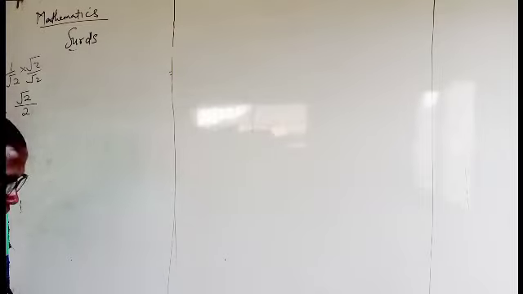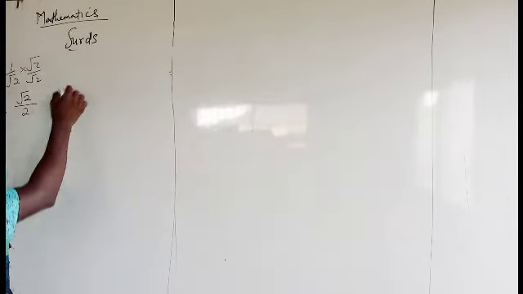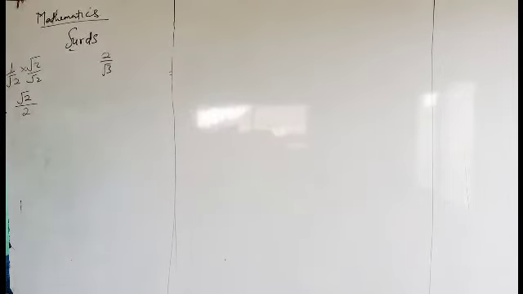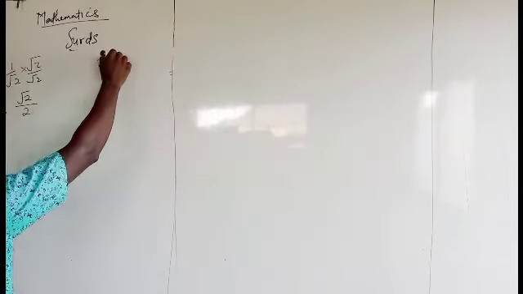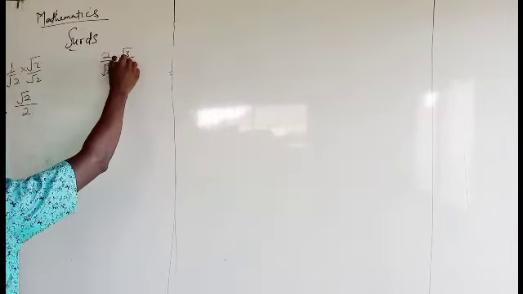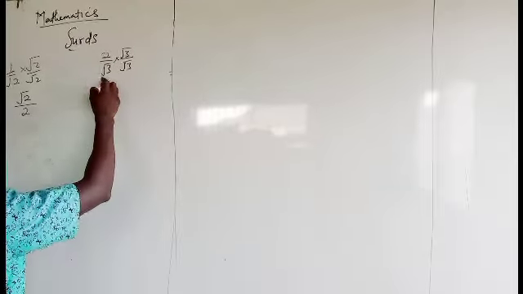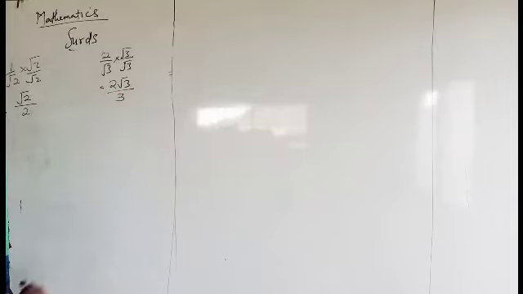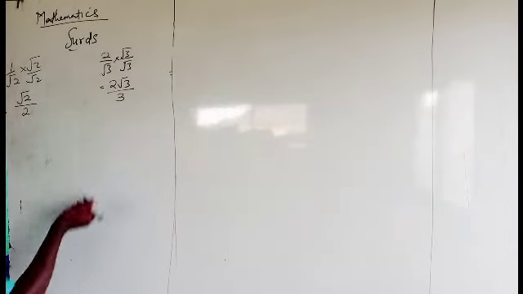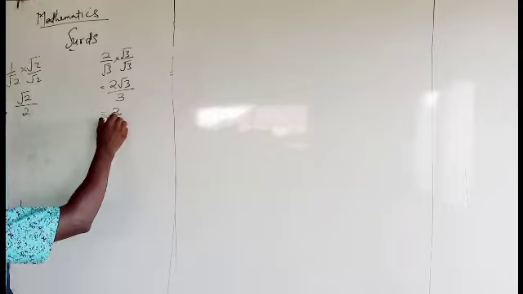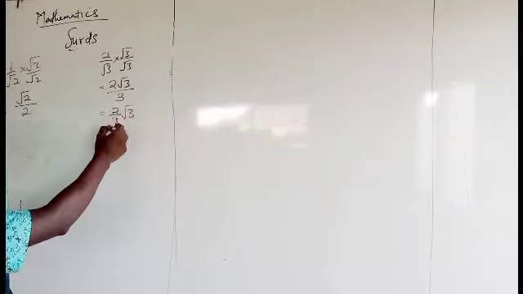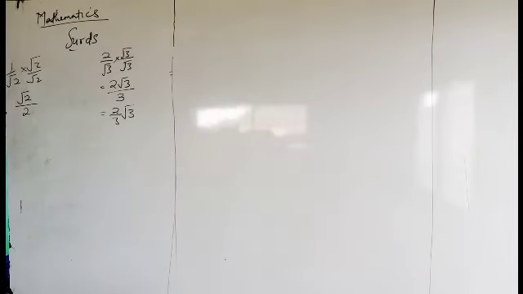Try your hands on this. 2 over root 3. Let's rationalize it. So multiply both sides by root 3. So this gives us 2 root 3 all over what? 3. So you can split it as 2 over 3 root 3.